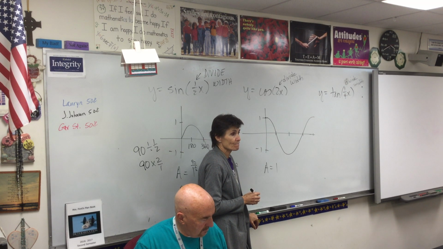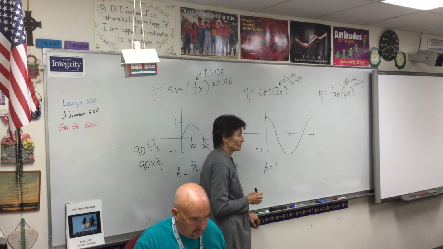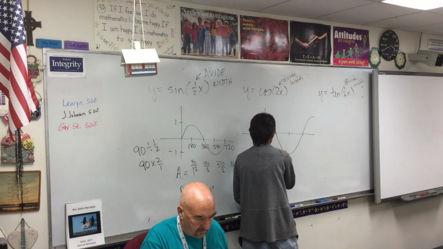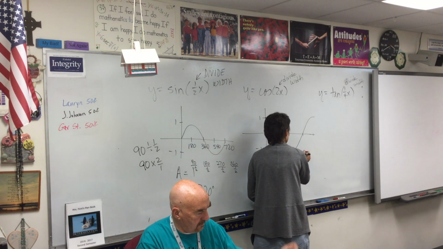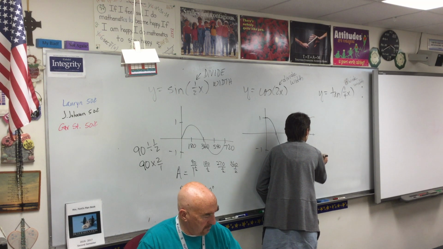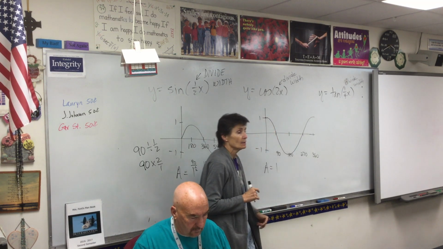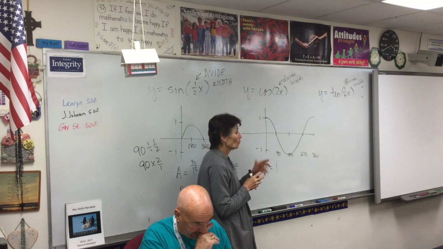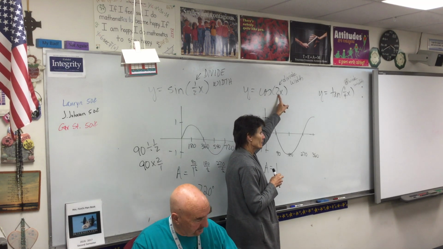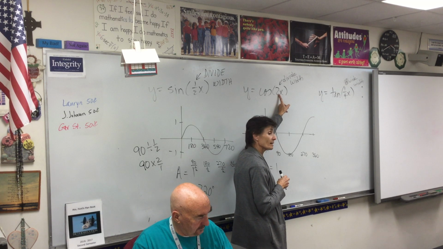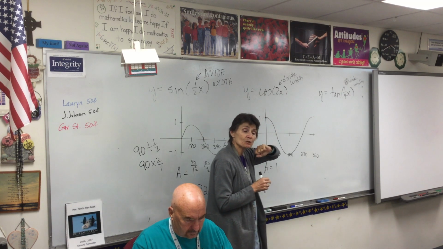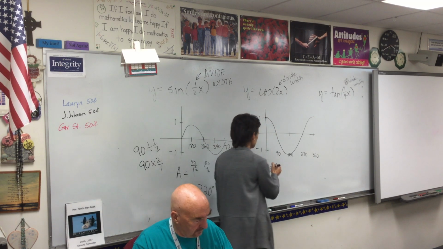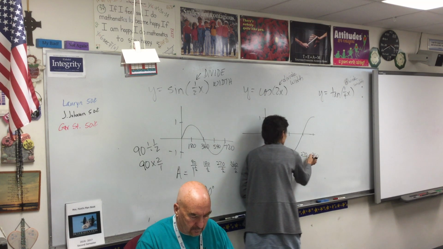Now, these labels are normally 90, 180, 270, 360. Those are the normal labels for my cosine. But what did I do? I put a 2 on the x. And what does that 2 do? It divides all these numbers.